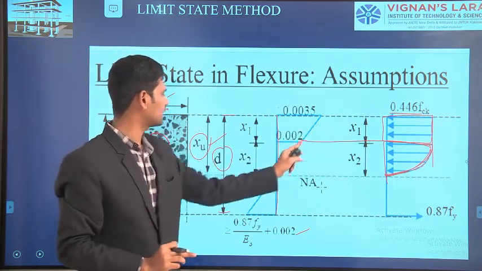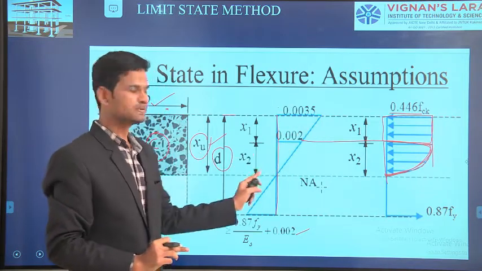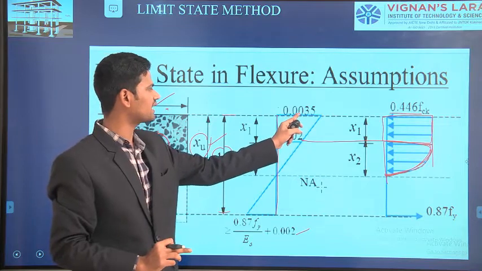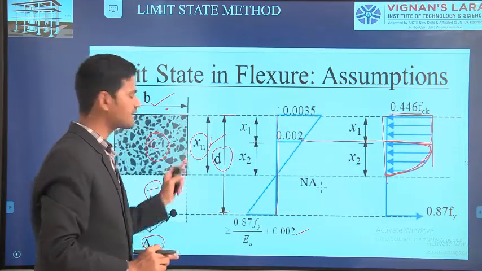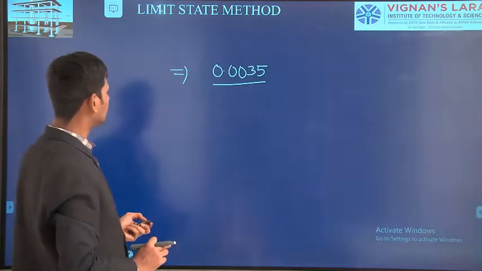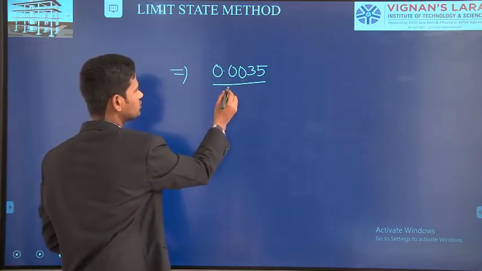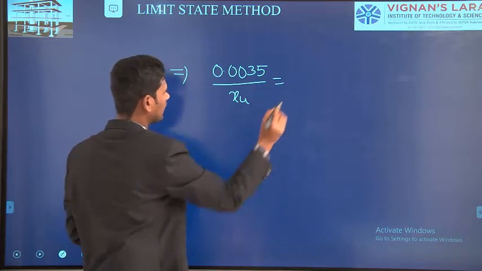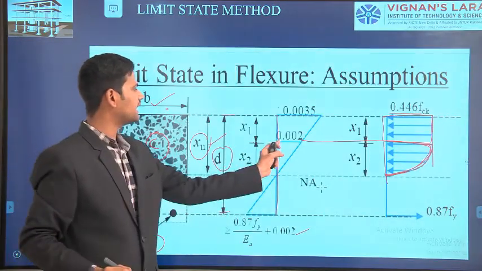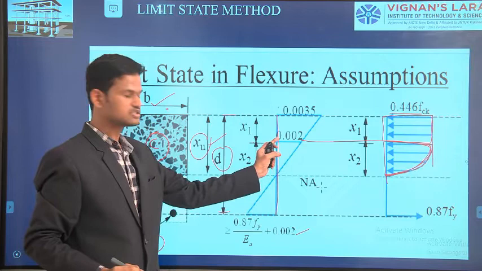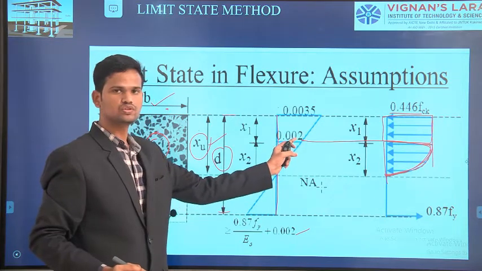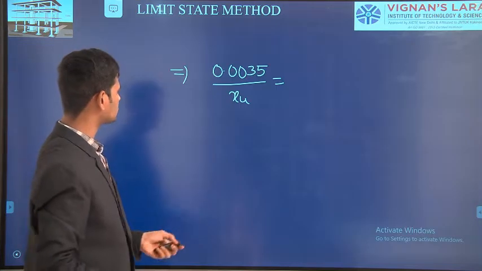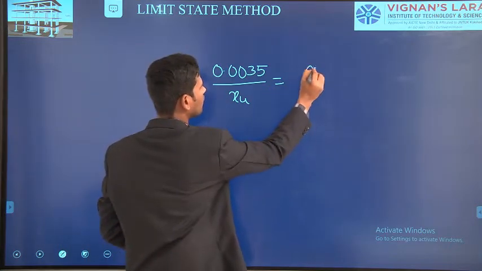This is the big triangle I am considering, and from it I take the compression strain in concrete, which is 0.0035. That means 0.0035 divided by XU equals, from the small triangle, 0.002 divided by x2.